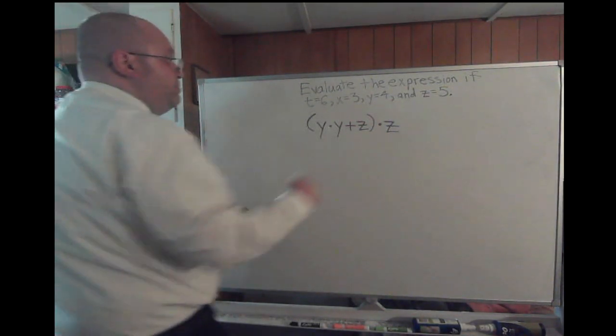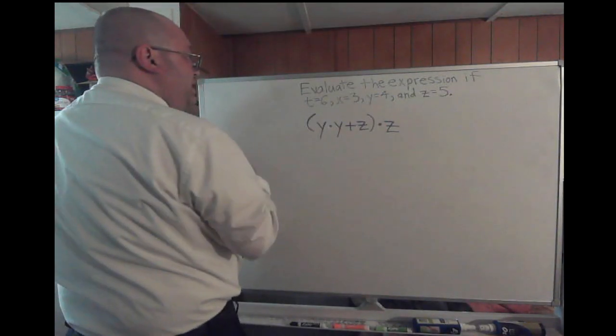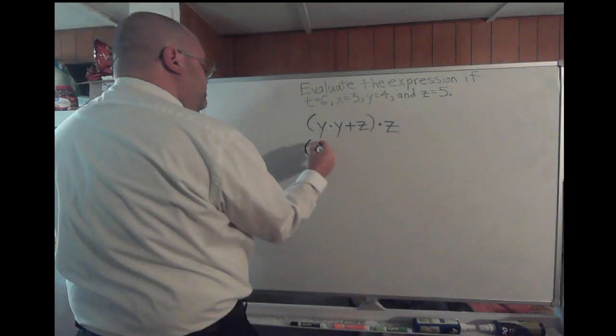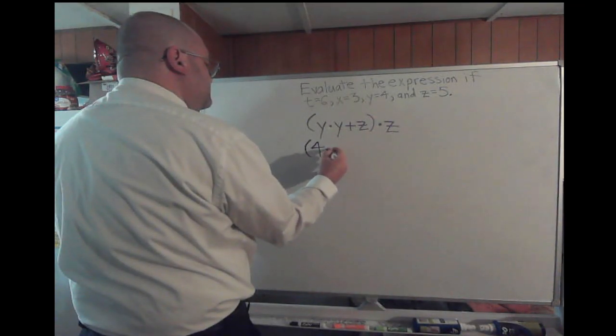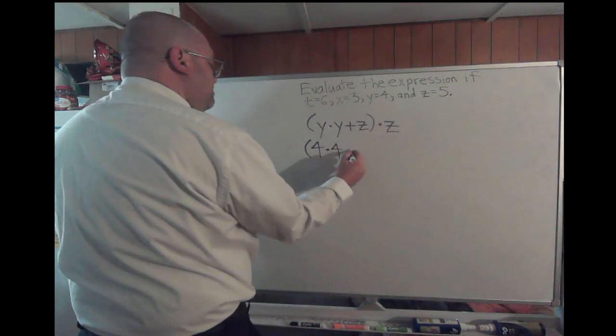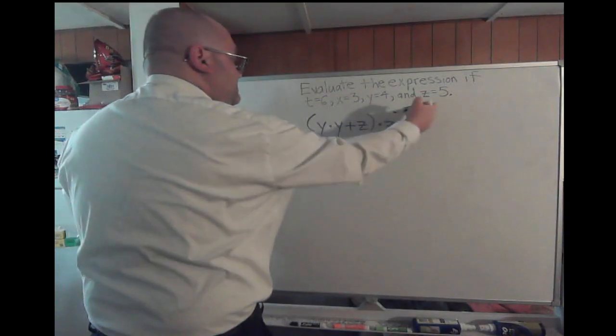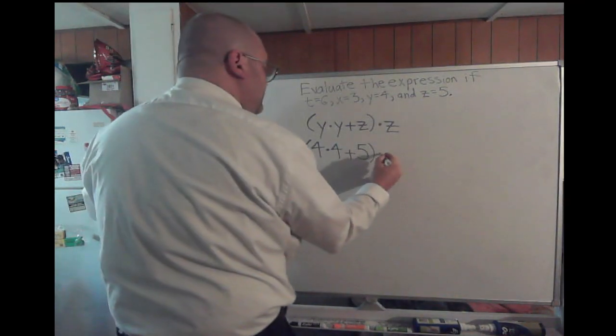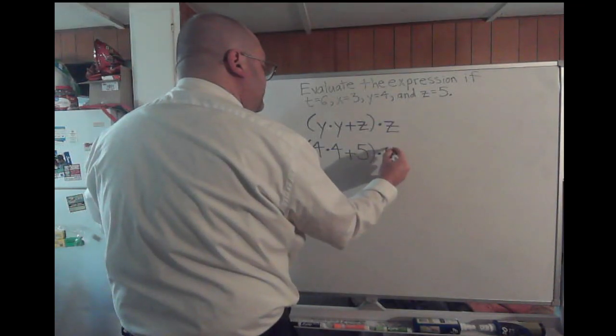Well, we know from the evaluation criteria y equals 4, so in the parentheses you'll have 4 times 4 because y equals 4, plus z is supposed to equal 5, so you'll have that plus 5, that whole quantity times 5, because z equals 5.